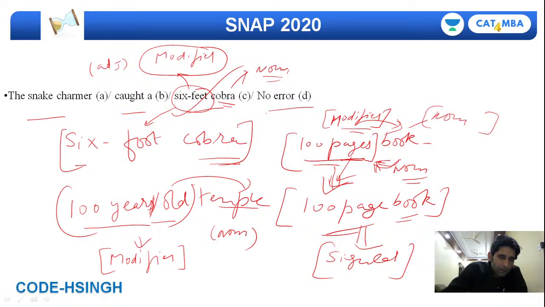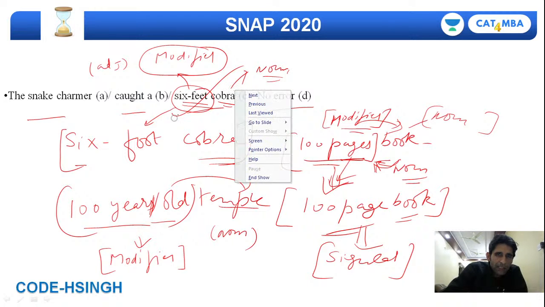सो अभी अपने क्वेश्चन पे आते हैं। Okay, now the question was 6 feet cobra. Now cobra was the main noun, you can pluralize the main noun cobra. Okay, but then as far as 6 feet is concerned, this 6 feet is plural because feet is plural. So what is the singular of feet?